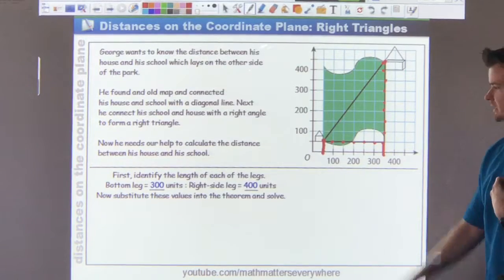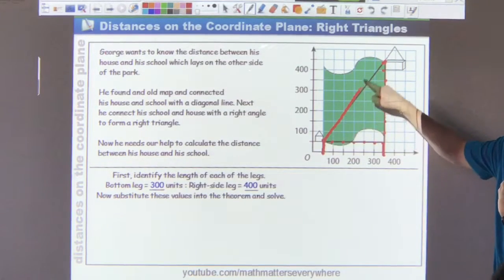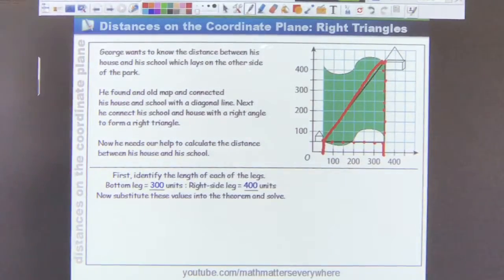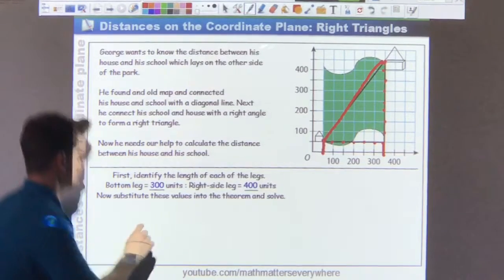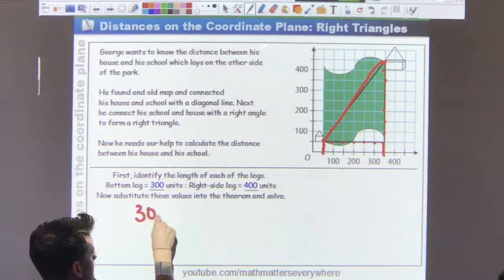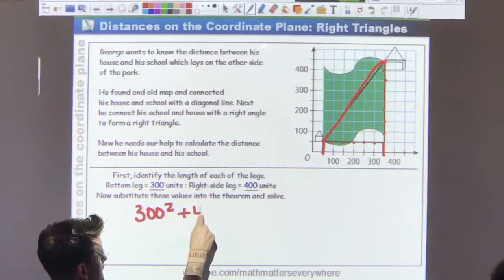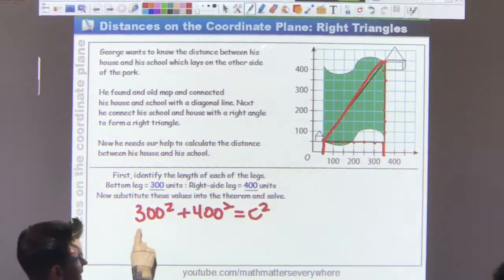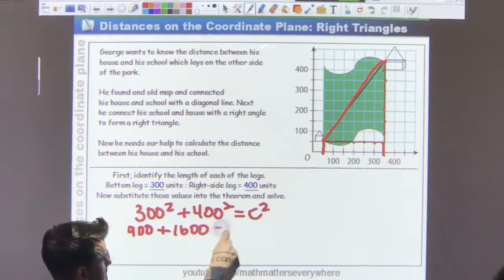Once you identify the length of the legs, we can then find the distance between these 2 points. What is my equation going to be, Kian? 300 squared plus 400 squared equals c squared. That's going to give me 900 plus 1600 equals c squared.